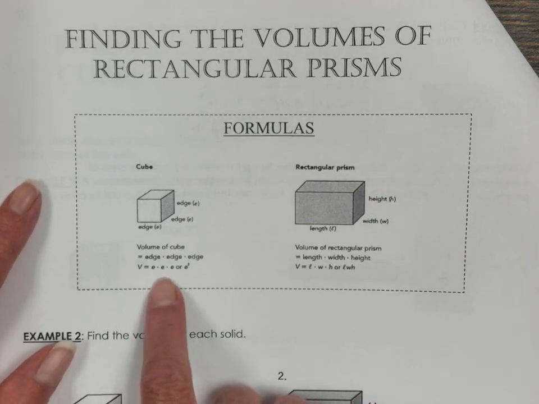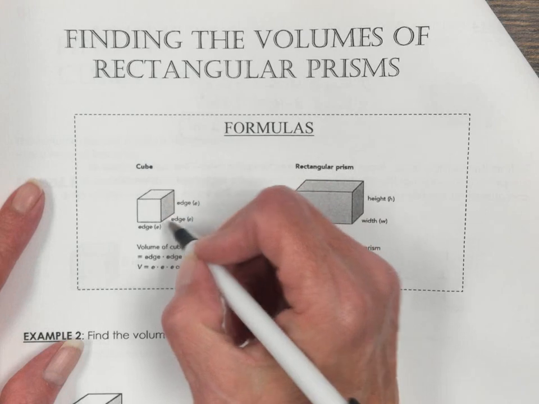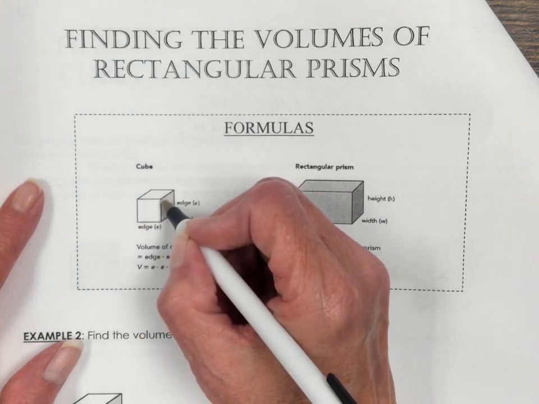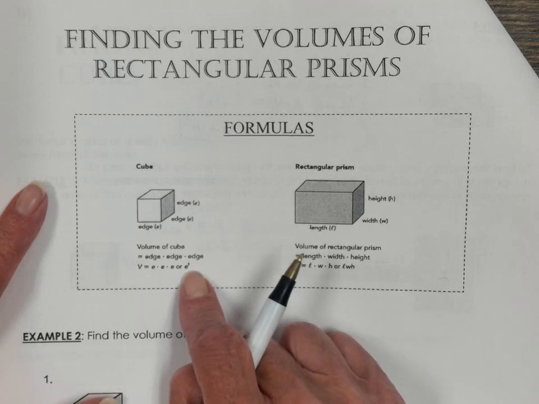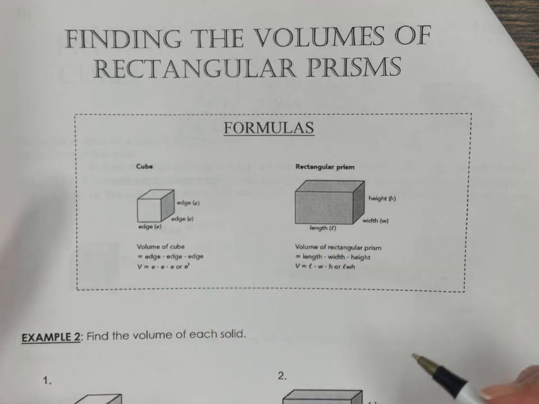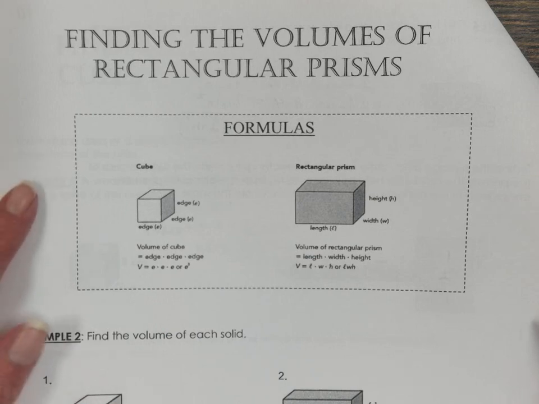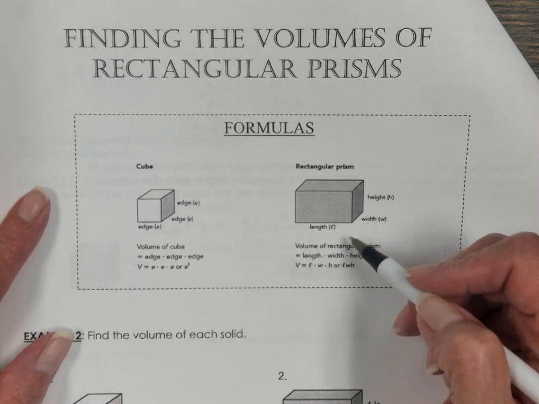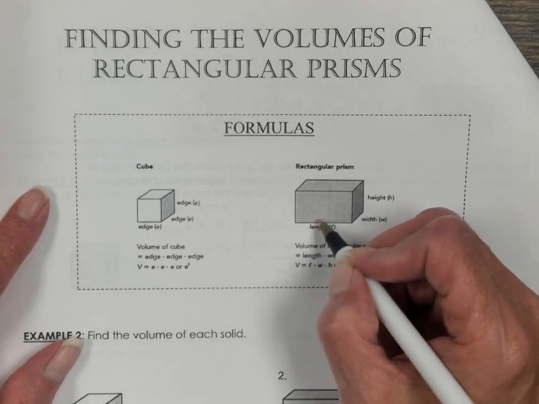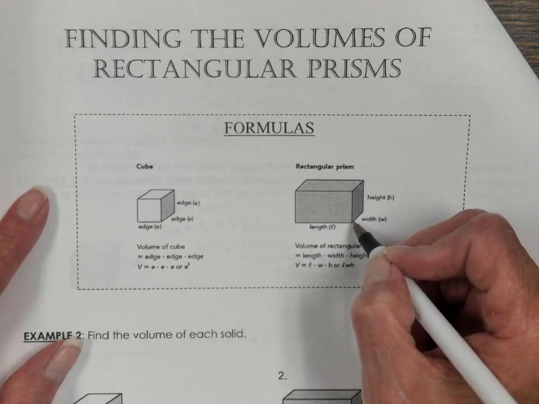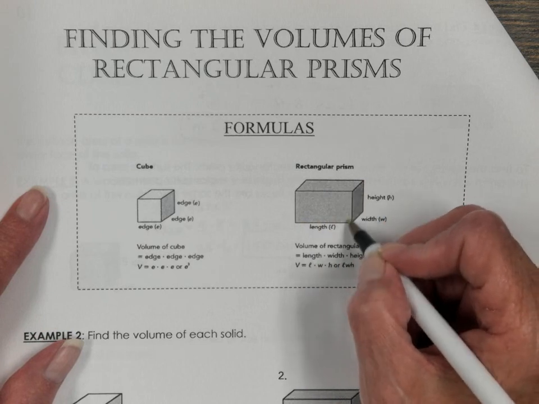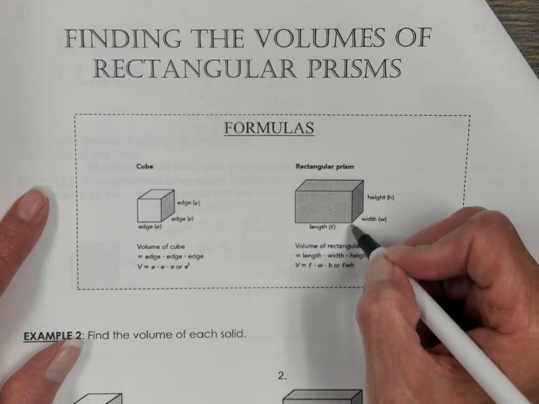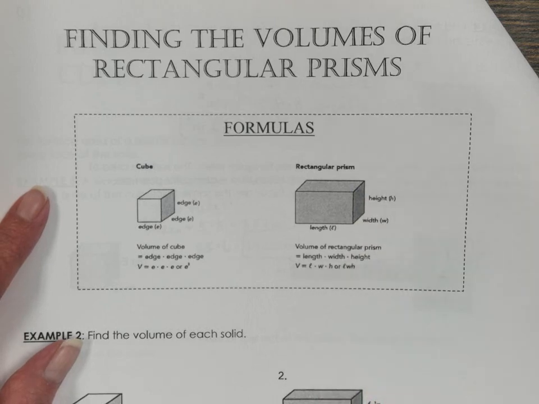Our volume of a cube is length times width times depth, or edge length times edge length times edge length. That shouldn't be new to you as well. Should remember that pretty easily. Our rectangular prism works the same way. I have length times what they're calling width, I call depth, and then height. So I've got the rectangle times its depth.